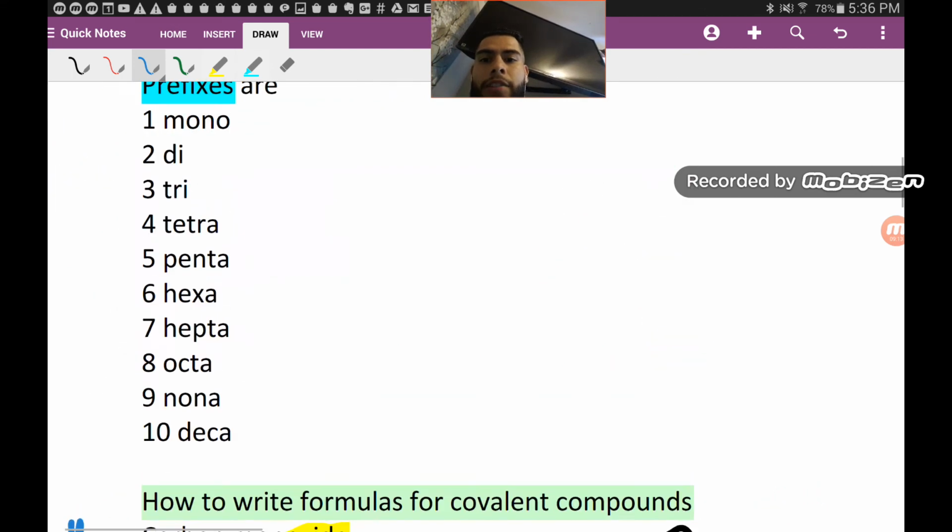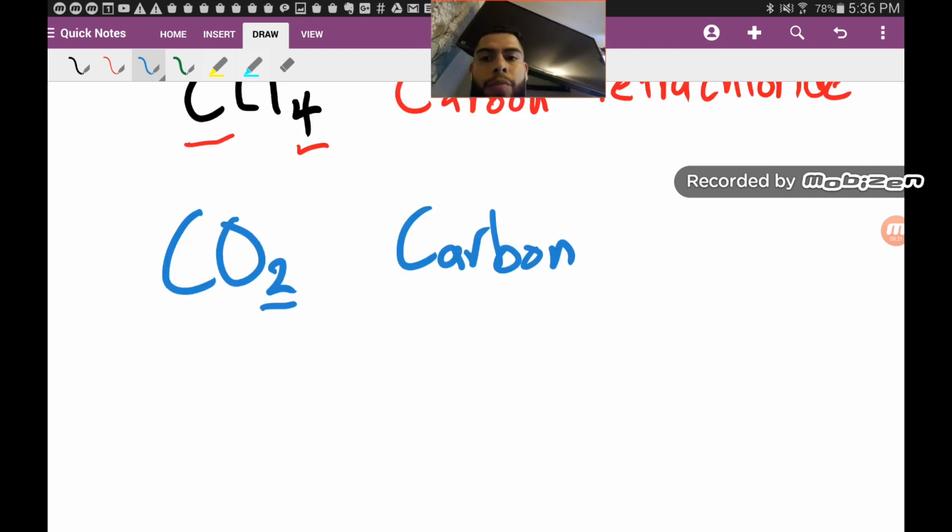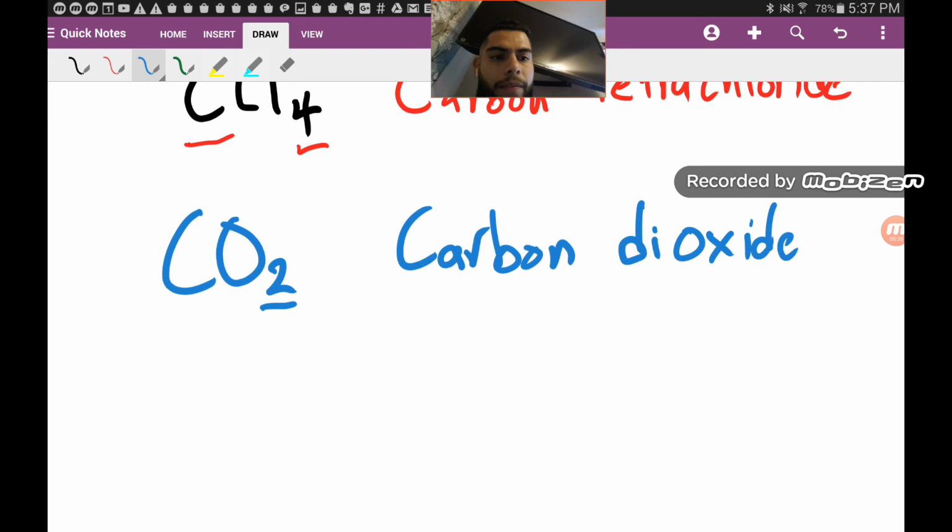Once again, you use these prefixes, di for 2, tetra for 4 in the previous problem. So we're going to say di, and the element is oxygen. We change the ending to ide, so it's going to be oxide, dioxide.